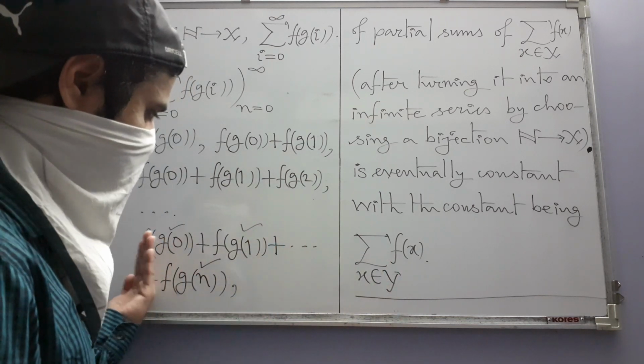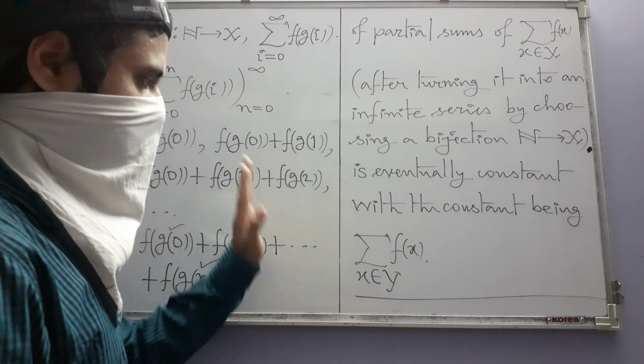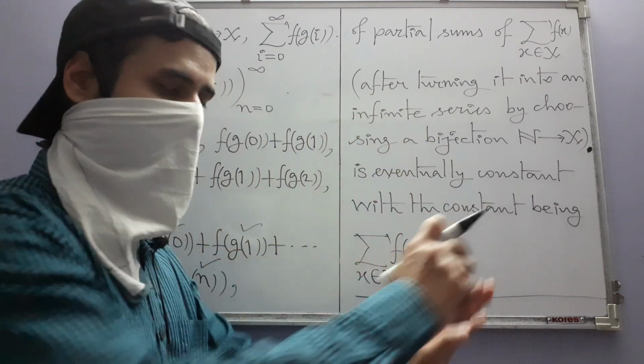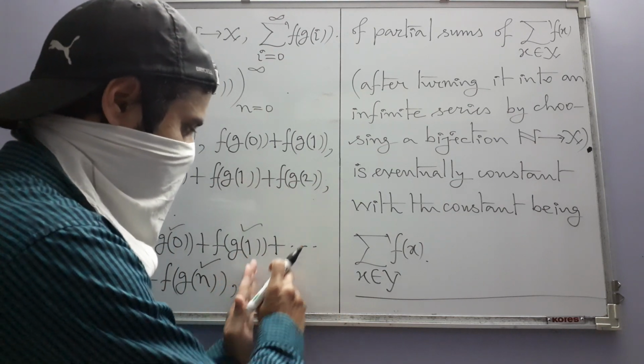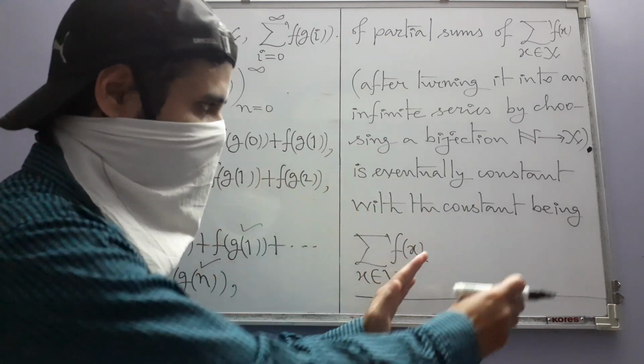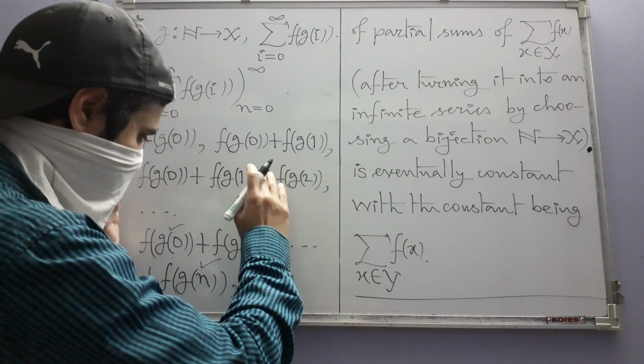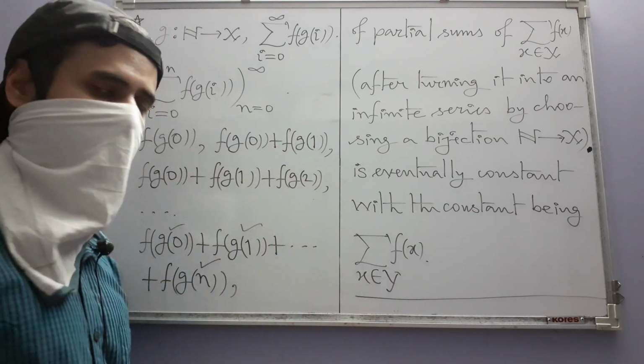We already have exhausted all the y values. f of g(n+2) is also 0. So adding those extra things and thereby getting the next partial sum, the one after that, the one after that, all of them are going to be equal to this.